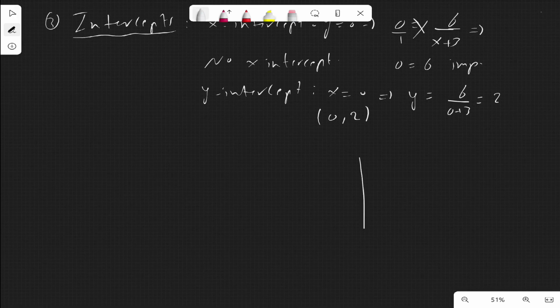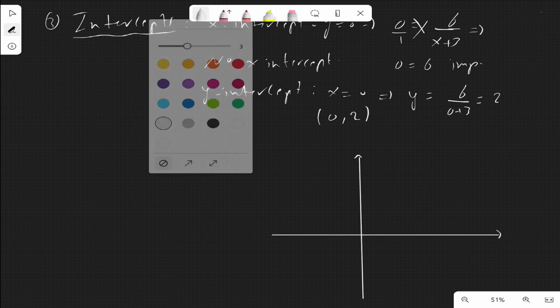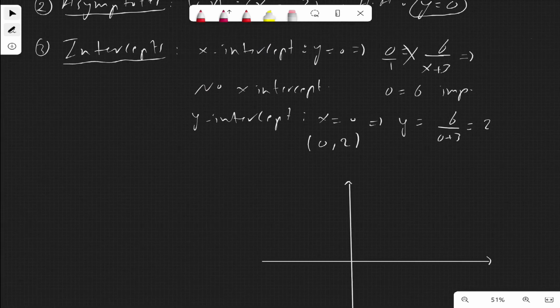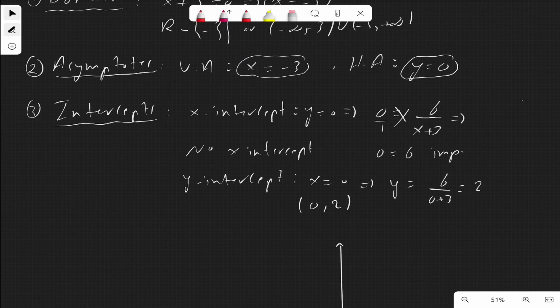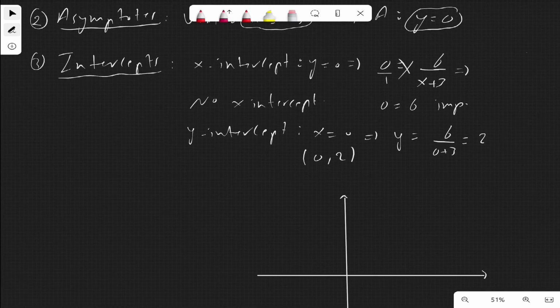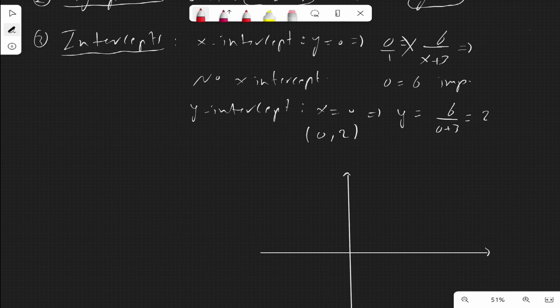Graphing. So first, I like to graph the asymptotes, and we said the vertical x equal -3 and the horizontal y equals 0. So x equal -3, 1, 2, 3.